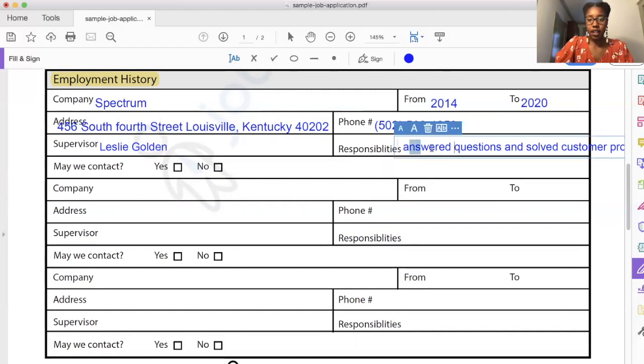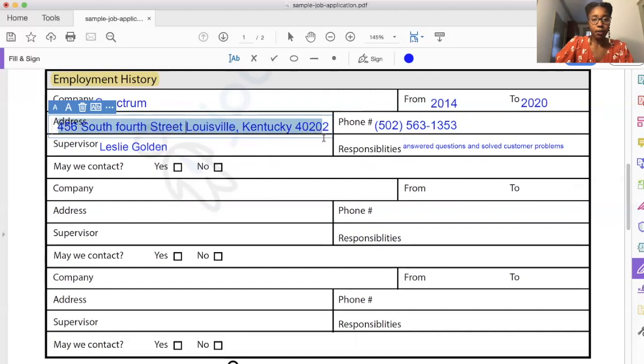So we will say answered questions and solved company problems. Even here, we can make this smaller so it fits. We can see it. Okay.